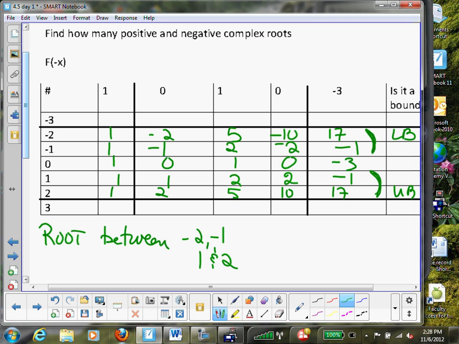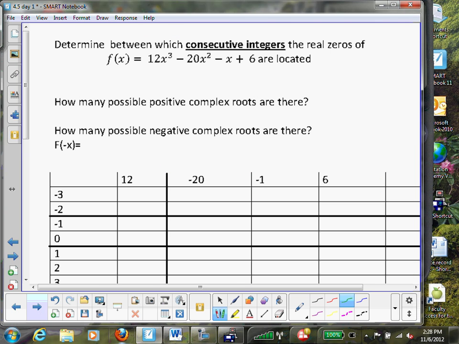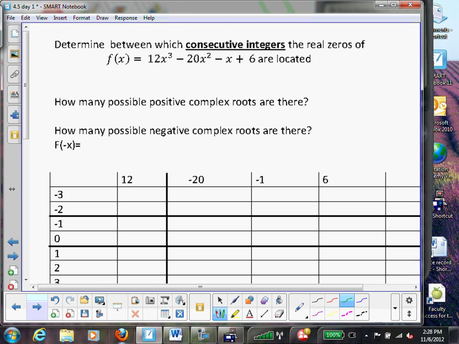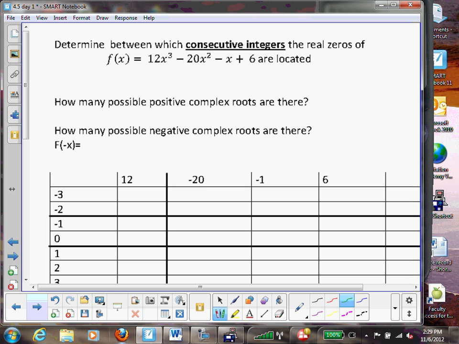Are we good? All right, here we go. Determine between which consecutive integers the real zeros are located. How many possible positives? All right, so this is just what we've been doing, right? Okay, you do this one yourself.